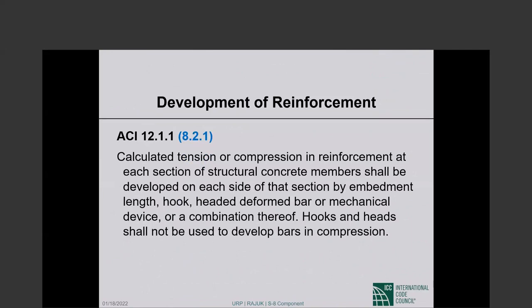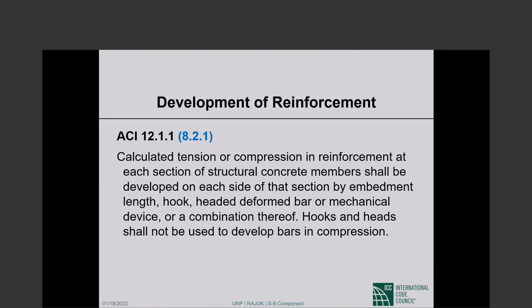So with those basics in mind, we now go into ACI 318 and BNBC 2020. There are a lot of details, as I said in the beginning. Let us wade in and see what we can learn. Okay?